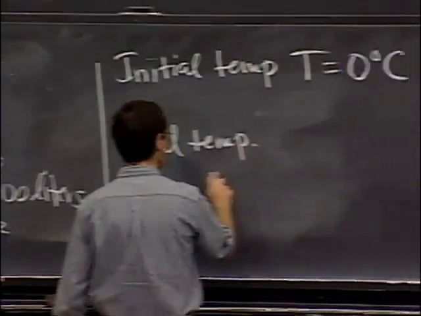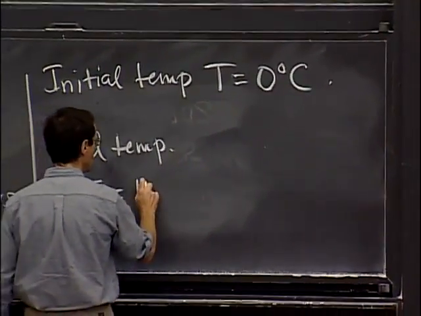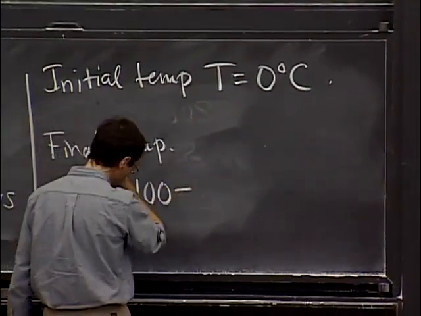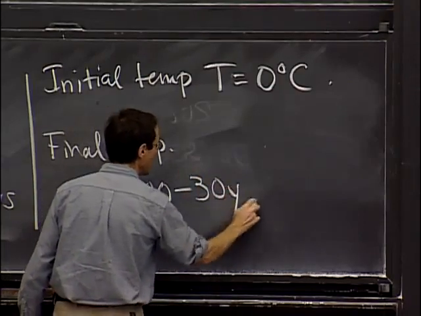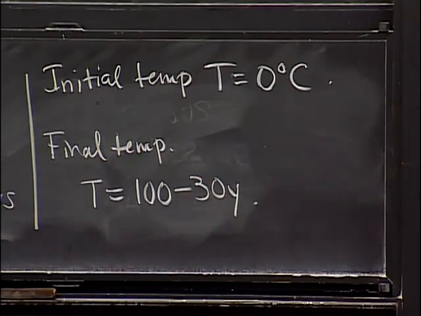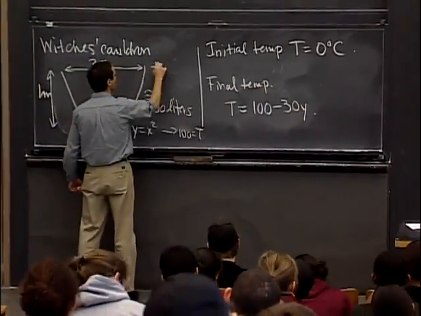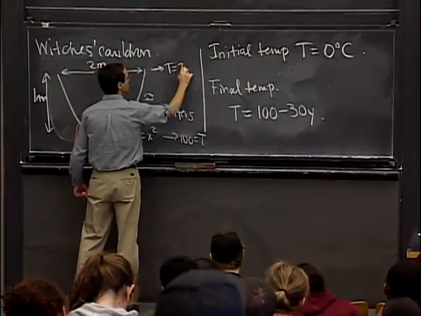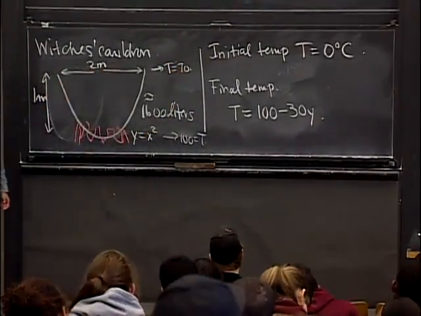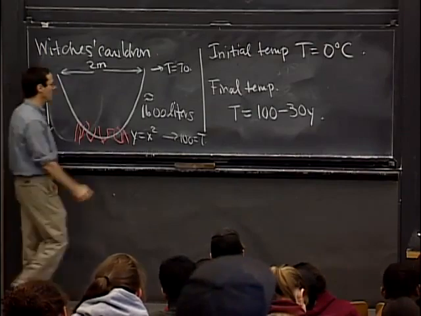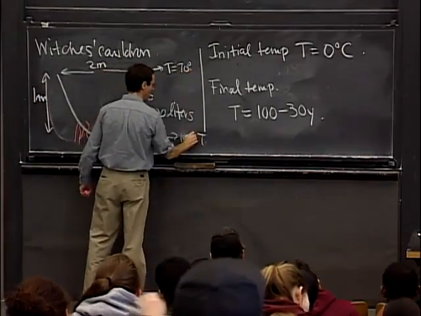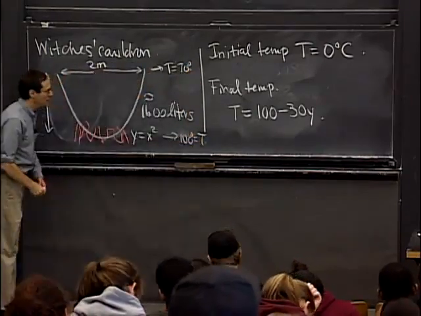The final temperature was given by the formula T is equal to 100 minus 30 times the height y. So at y equals 0, at the bottom it's 100. And at the top, T is just equal to 70 degrees. Okay, so this is the final configuration for the temperature.